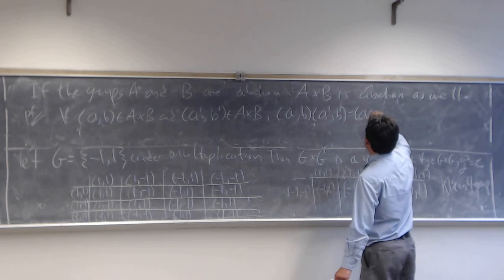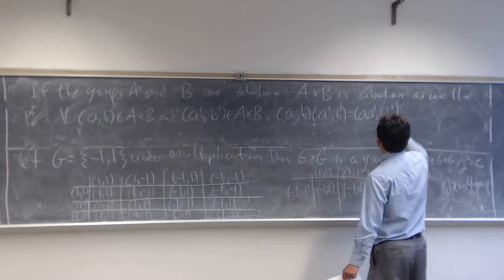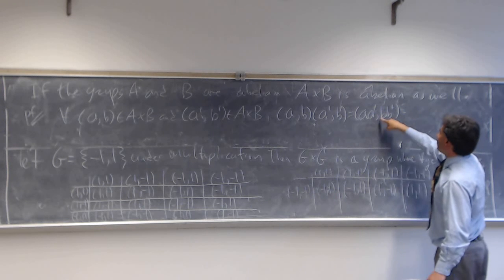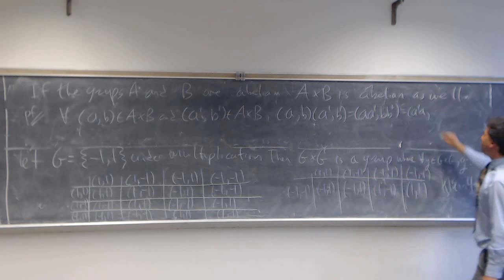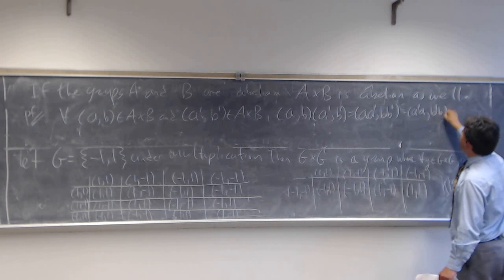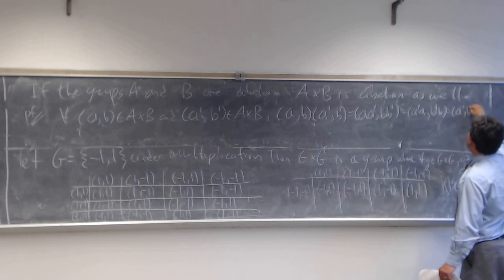Well, the way we multiply is by components. But if A and B are each abelian, a times a' is the same as a' times a, and b times b' is the same as b' times b, but that's exactly (a', b') times (a, b).